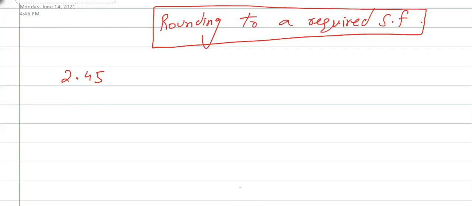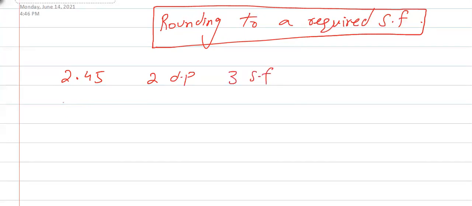There are 2 decimal places. And how many significant figures are in this one? 3 significant figures. So never confuse the decimal places with significant figures. I can say 2 decimal places and 3 significant figures.